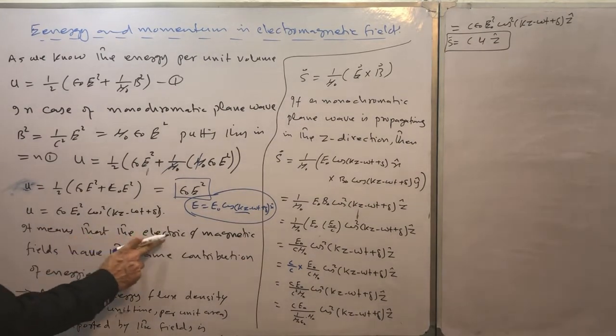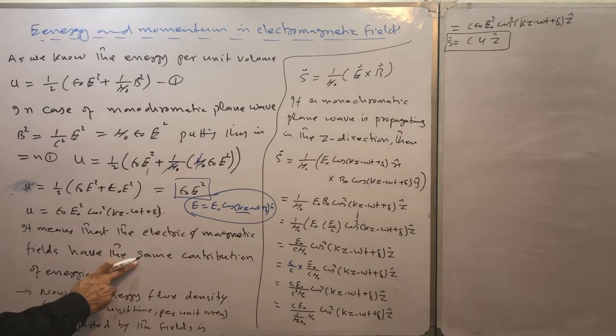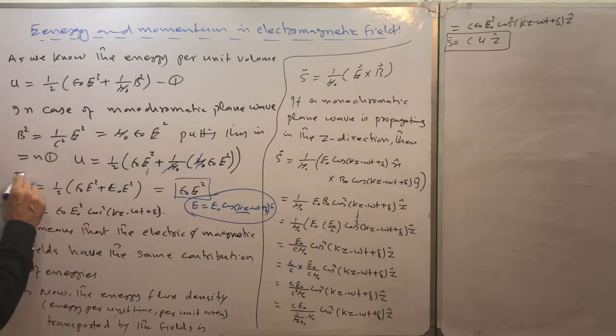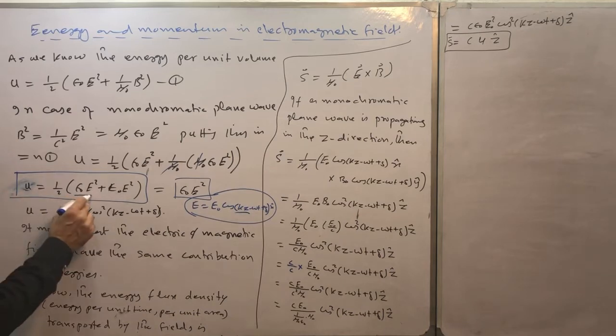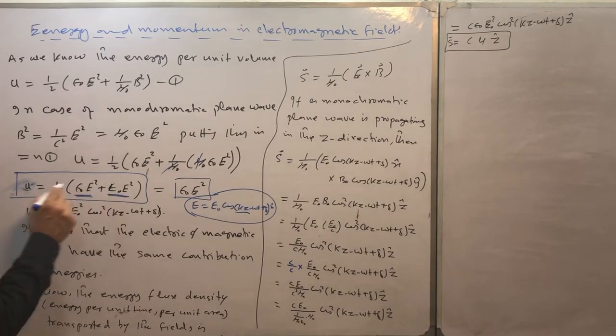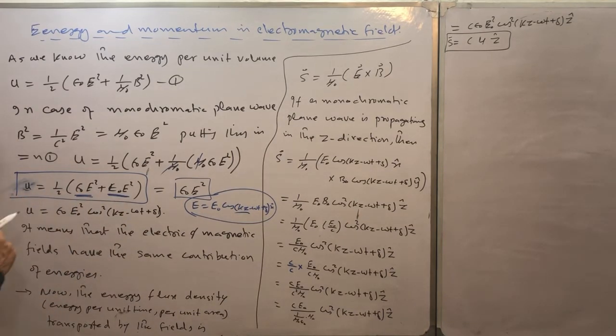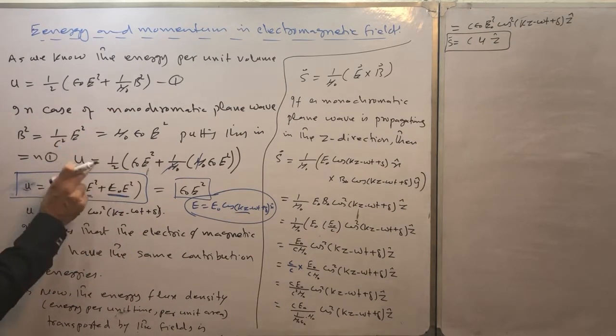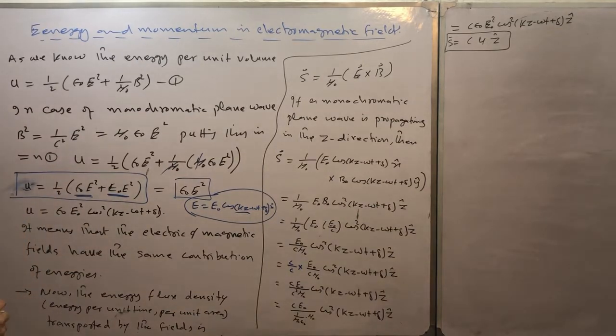It means that the electric and magnetic field have the same contribution of energy. Let's see from this equation. This is the effect of the electric field and this is the effect of the magnetic field. It means that the electric field and magnetic field have the same contribution in this total energy.